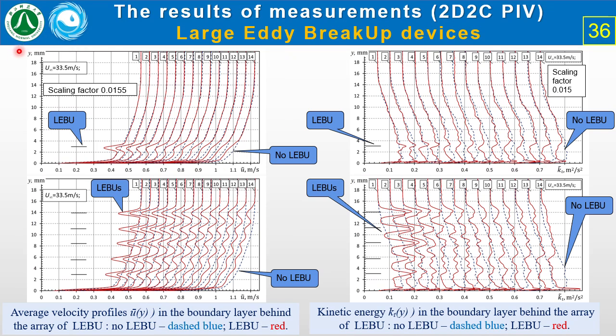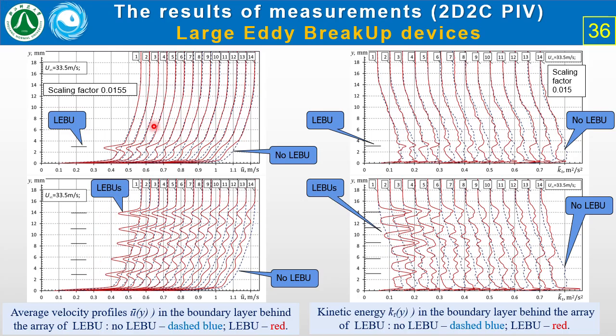And this slide illustrates the results of comparison of velocity profile distributions and the distributions of kinetic energy of turbulence in different sections along the flow development for the clean boundary layer without flow control, dashed blue lines, and in the case of the presence of 1 and 5 large eddy breakup devices.